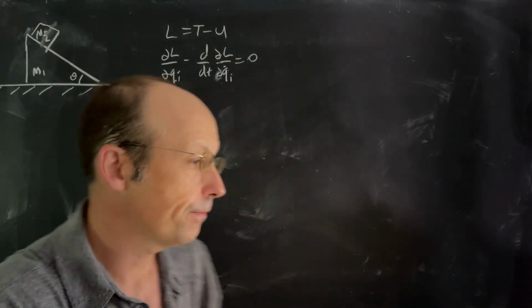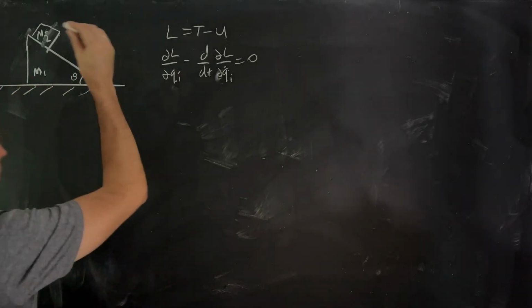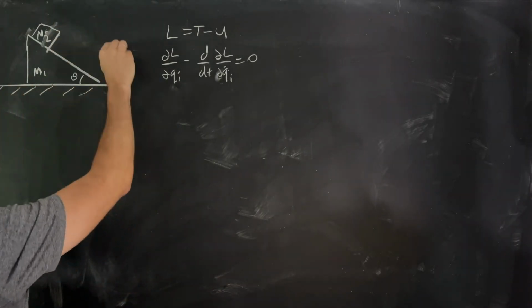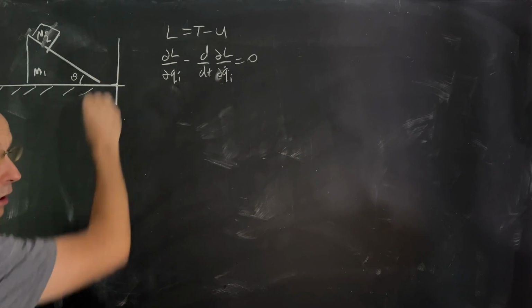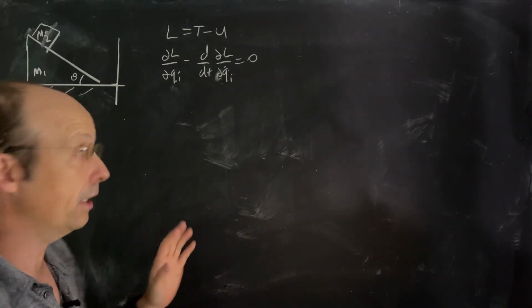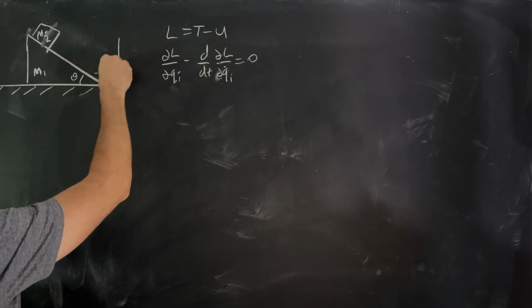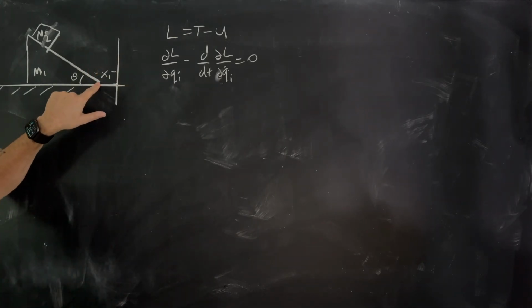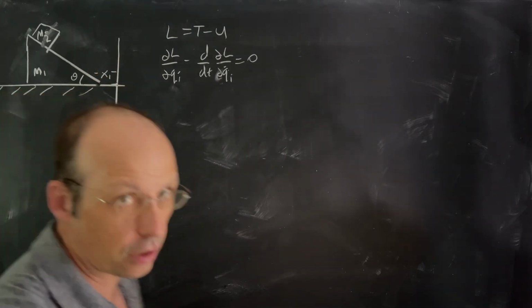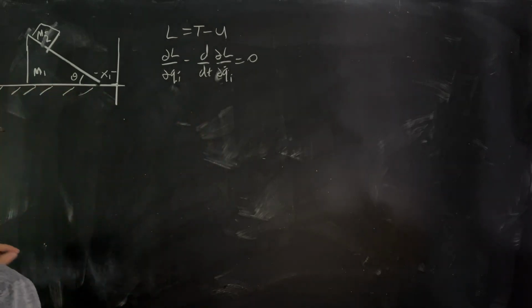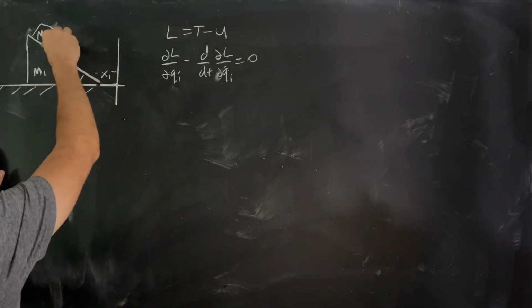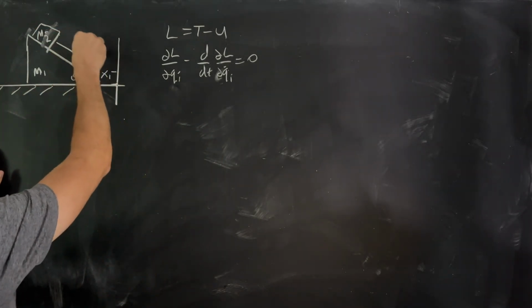So let's do it. Okay, I'm going to say that this wedge has already moved a little bit, and that's my origin. You can really pick anything; you can get anything to work. I'm going to call this x1, the location of the edge of the wedge, and then I'm going to call this distance s.